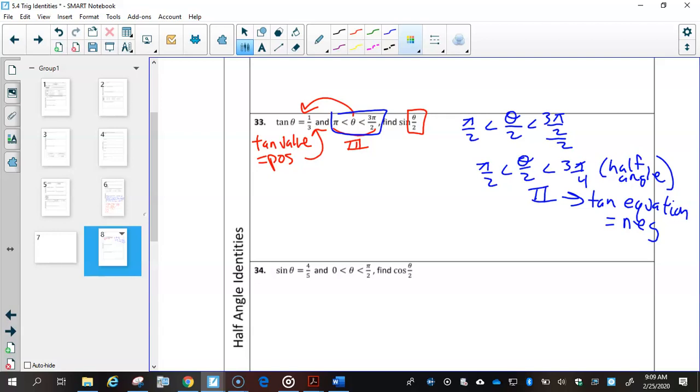Once you have those two things, everything else is the same. Almost the same. For tangent, I need to find cosine or cosine and sine, depending on which equation you're using.